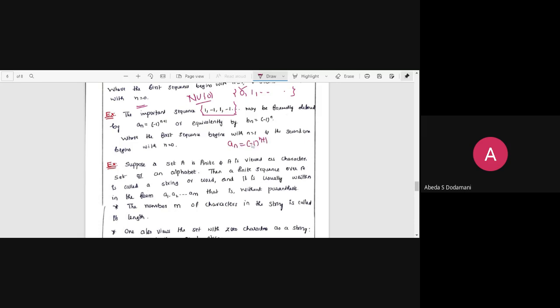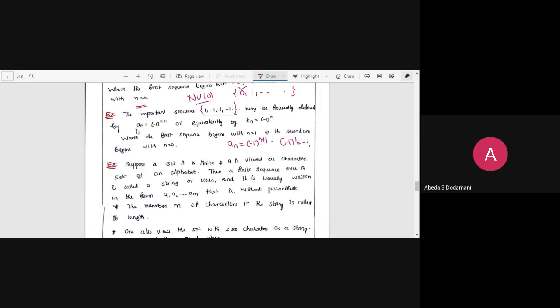In general, if I take n is equal to 0, it is simply minus 1 to the power 1, since 0 plus 1 is 1, that is minus 1. If I take n is equal to 1, then 1 plus 1 is 2, and minus 1 to the power 2 is 1. So it is either minus 1, plus 1, minus 1, plus 1, or 1, minus 1, 1, minus 1. It is repeating only these two entities.